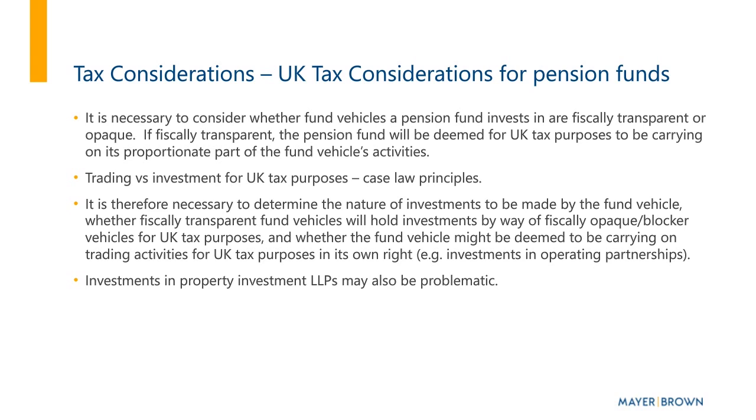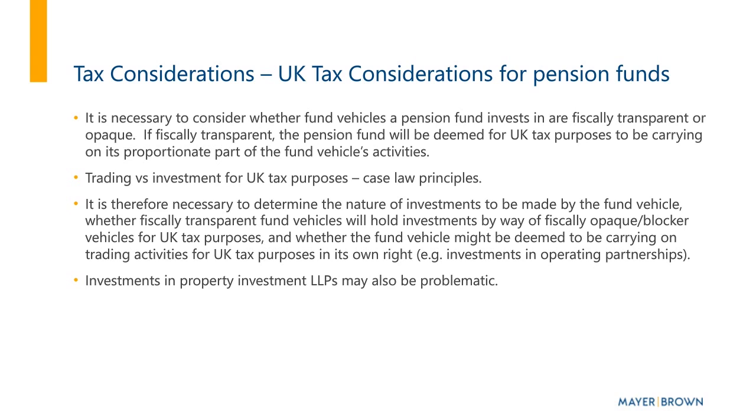If they have any blocker entity in there, then they'll typically be opaque, because to be transparent, what we mean is that there's no opaque vehicles at all between the investor and the underlying investment.